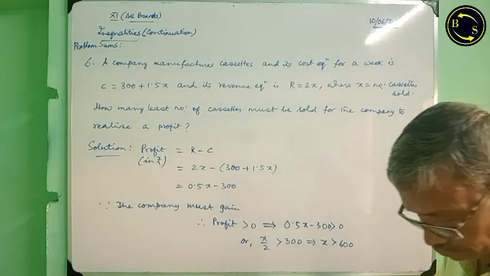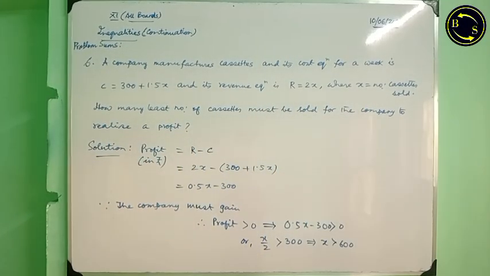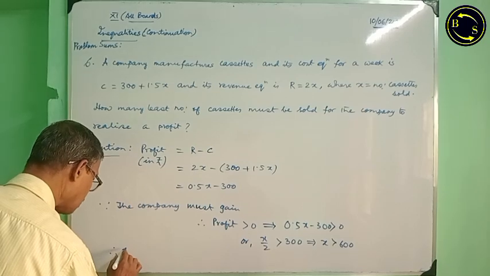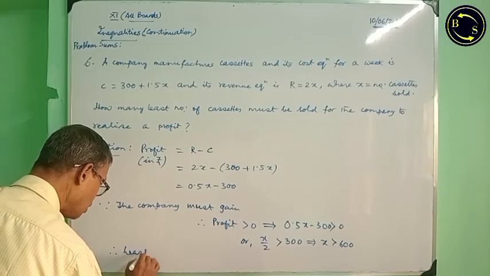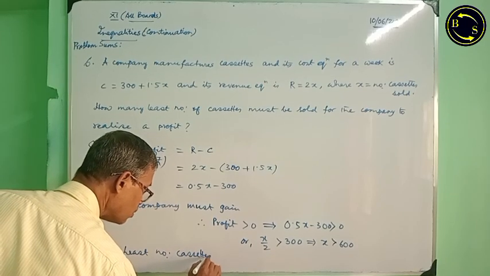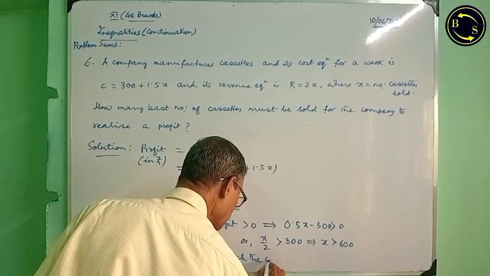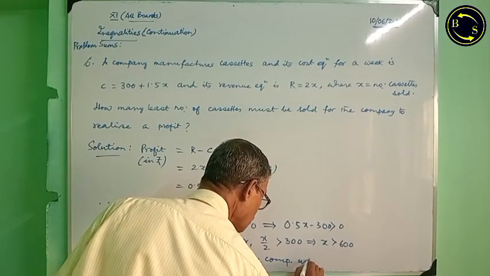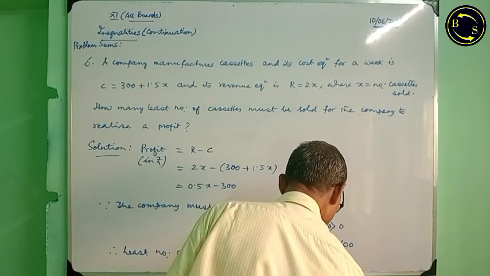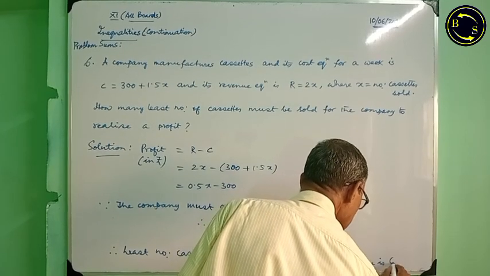Therefore, the least number of cassettes which the company will manufacture is 600.